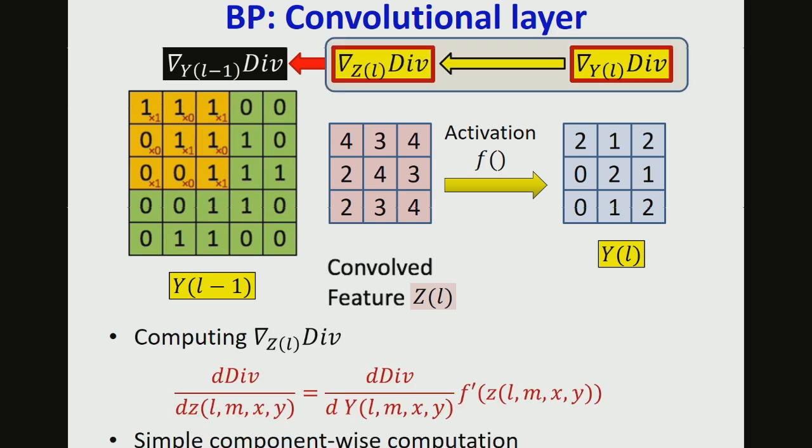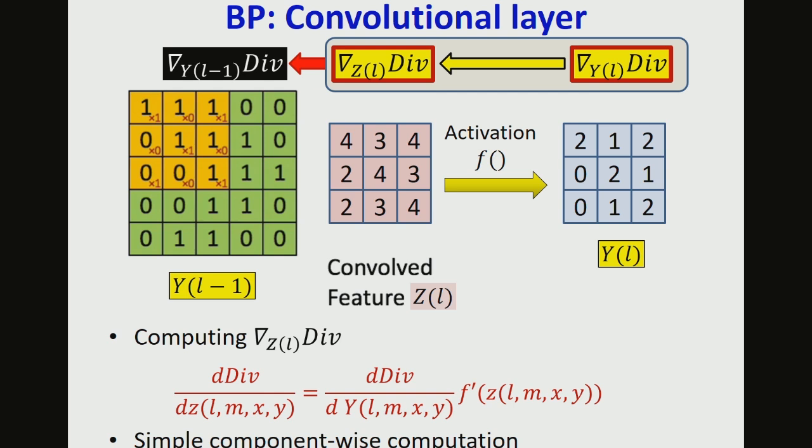Now, this is trivial, because the relationship between Z and Y is just that you took every element in Z and passed it through an activation function. So to compute the derivative of the divergence with respect to Z, you just take the derivative of the divergence with respect to the corresponding Y and multiply it by the derivative of the activation function itself at the Z. So this one is trivial, right?